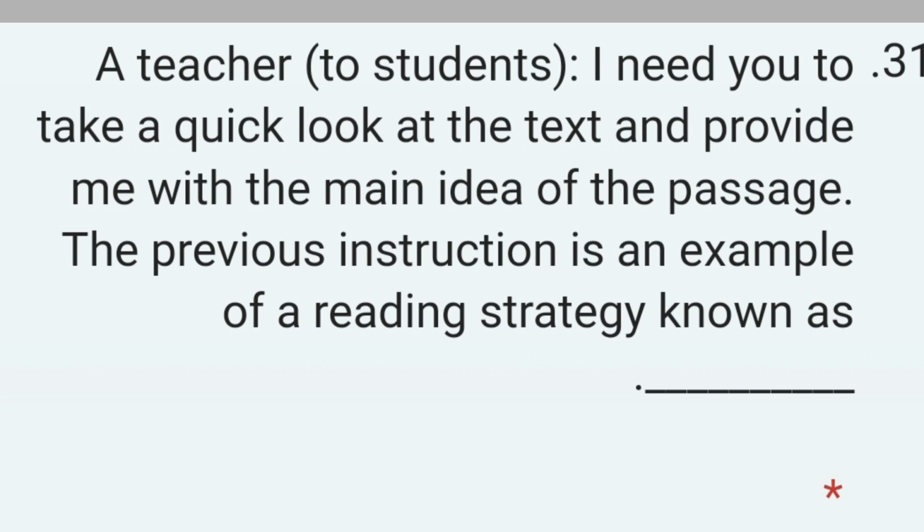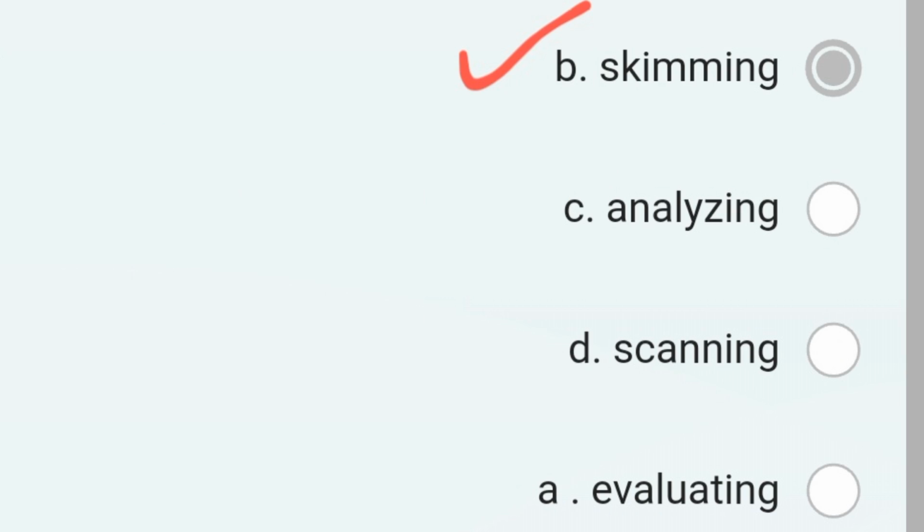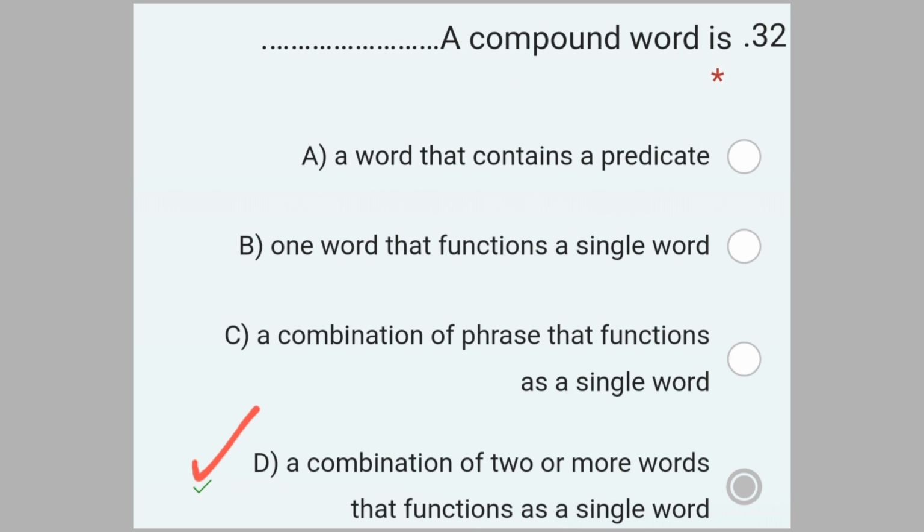The previous instruction is an example of a reading strategy known as: A. Evaluating. B. Skimming. C. Analyzing. D. Scanning. 32. A compound word is: A. A word that contains a predicate.